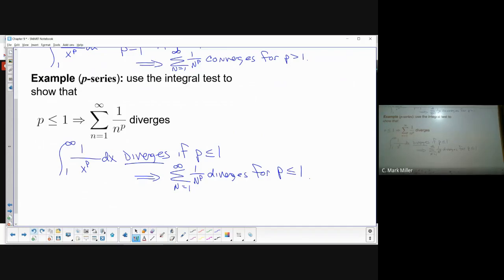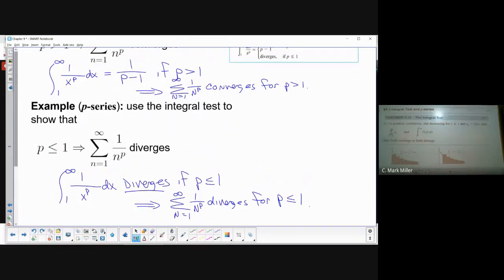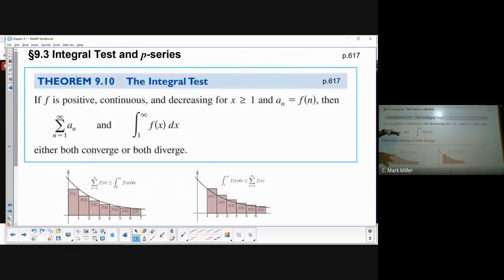So we can use a lot of our properties of integrals, especially the improper integrals, because notice, this integral test involves an improper integral.